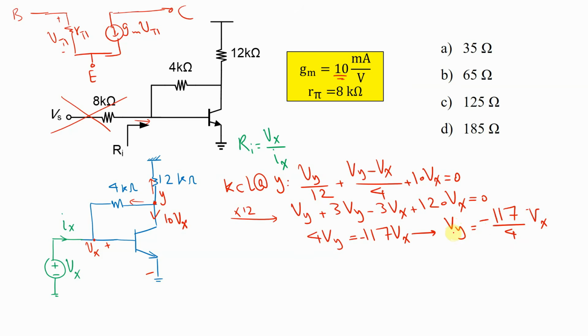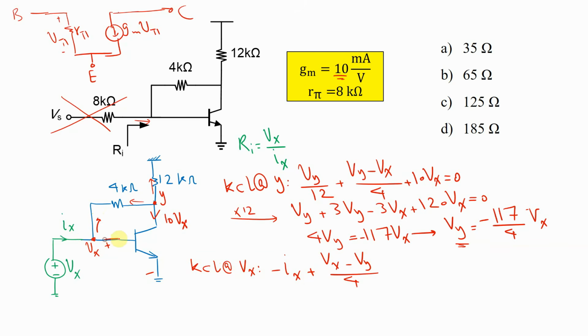This is one equation, and the other is going to use KCL at this node Vx. Now we can use this Vy in the next equation. Here KCL at Vx: Ix goes through it, so minus Ix plus Vx minus Vy divided by 4, this current.